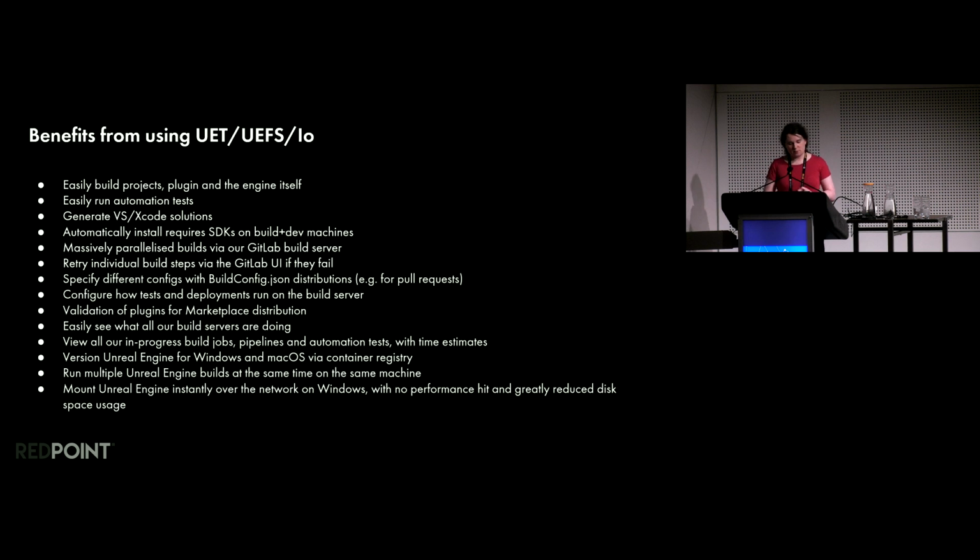We can validate our plugins for marketplace distribution, easily see what all of our build servers are doing, view all of our in-progress build jobs, version Unreal Engine for Windows and macOS via a container registry, run multiple Unreal Engine builds at the same time on the same machine, and also mount Unreal Engine instantly over the network on Windows with no performance hit and greatly reduced disk space usage.